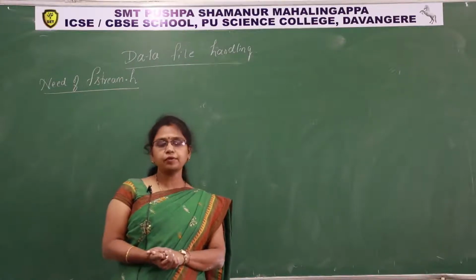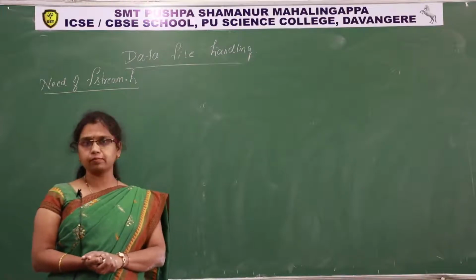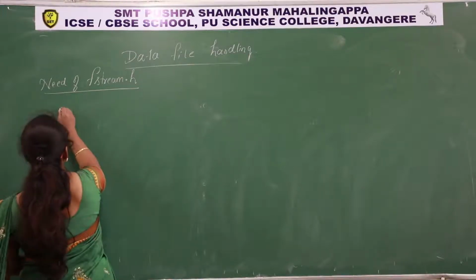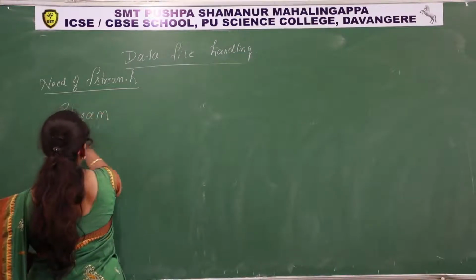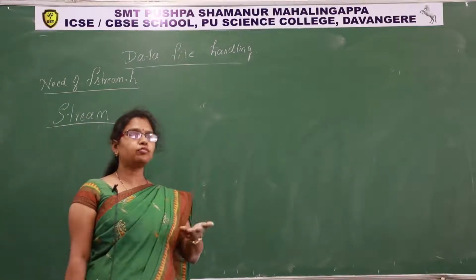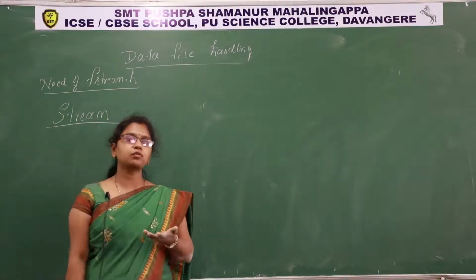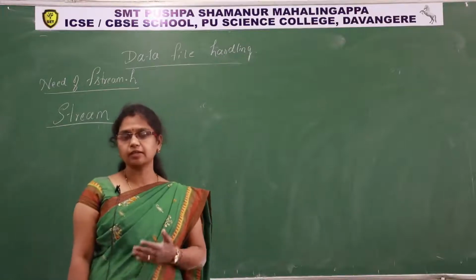Understood? Before going to the fstream.h header file, let us understand the word stream. Stream, what does it mean? Stream means a flow of characters or sequence of bytes from source to destination. That is called stream.